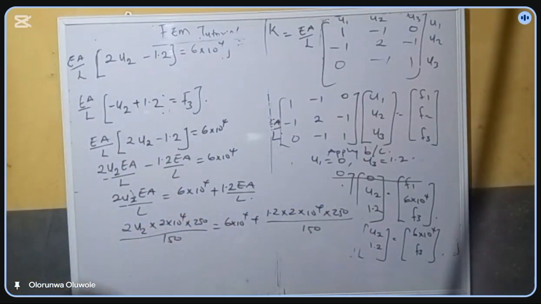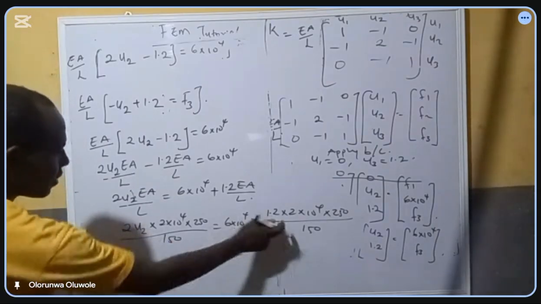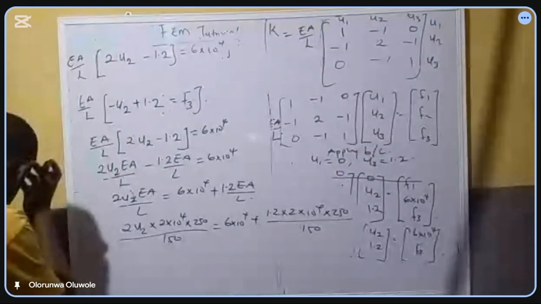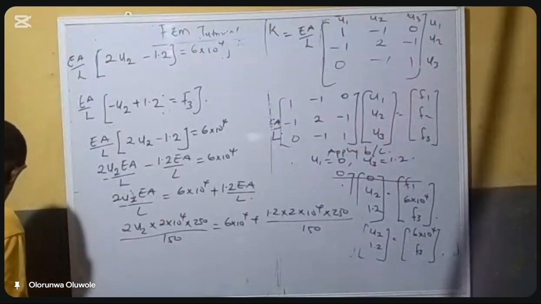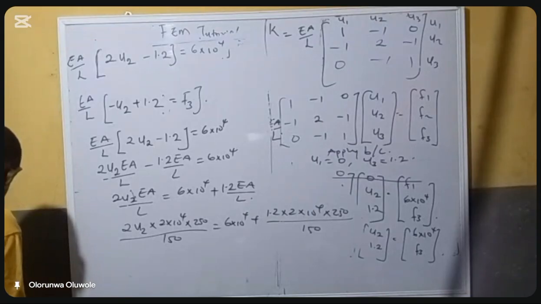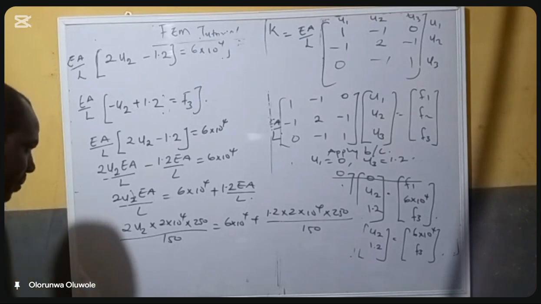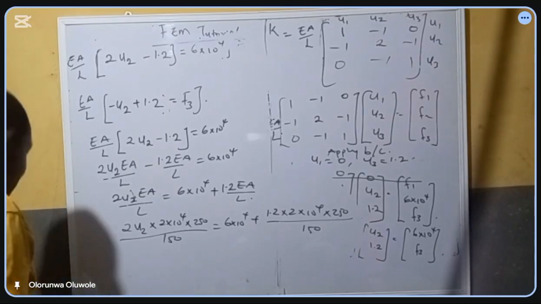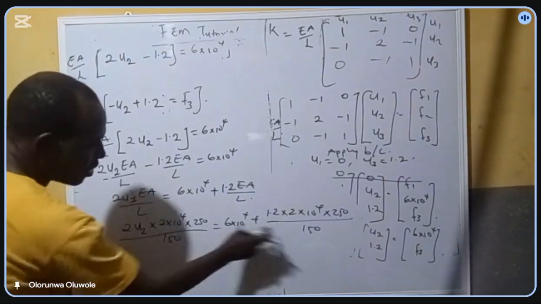Can somebody punch the calculator and do these two for us? What are we going to get? 9.33 times 10 to the power 4. Is it this plus this?